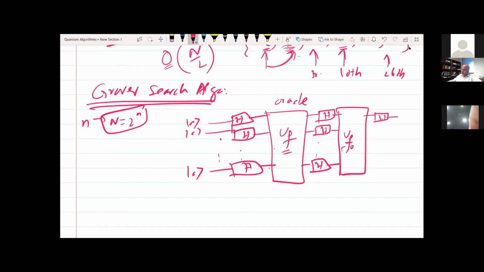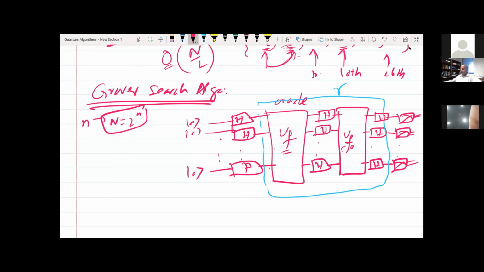And then you apply Hadamard again on each of the outputs, and you do this part, let's say R number of times, and then you measure your qubits. And our claim is that with high probability at the measurement, you will find the number that you're looking for, the index of the data that you're looking for, that this UF has access to.